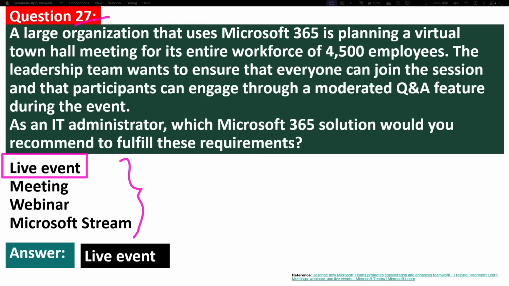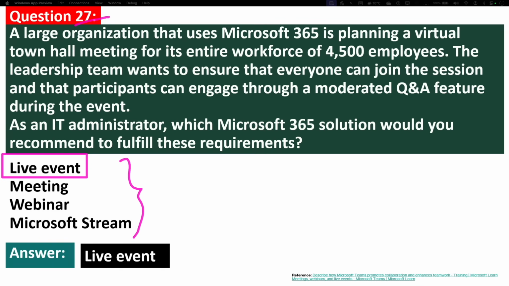In simple terms, a live event is like a virtual stage. A small group of people, the producers and presenters, run the event, while a large audience of up to 20,000 attendees watches it live. Unlike regular Teams meetings, attendees in a live event can't turn on their microphones or cameras. They can only watch and interact through moderated Q&A.